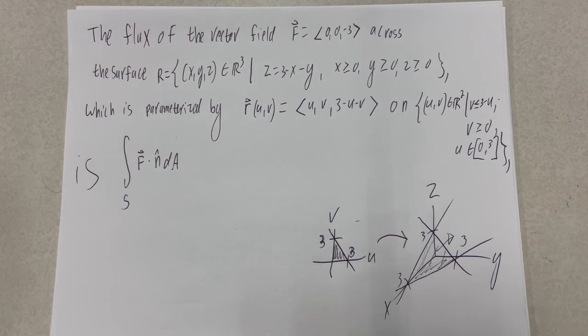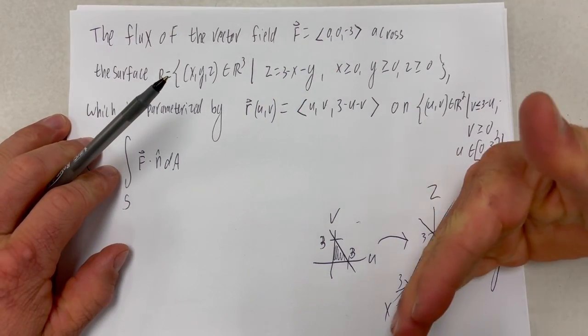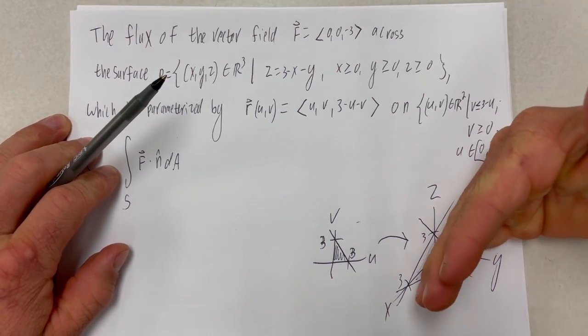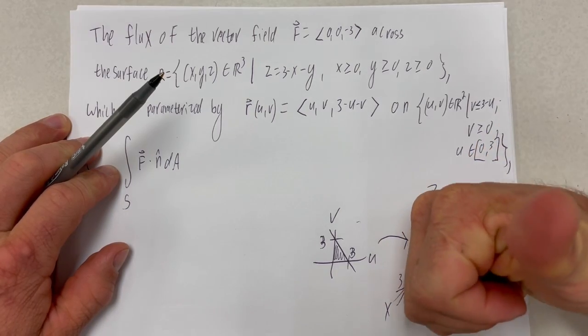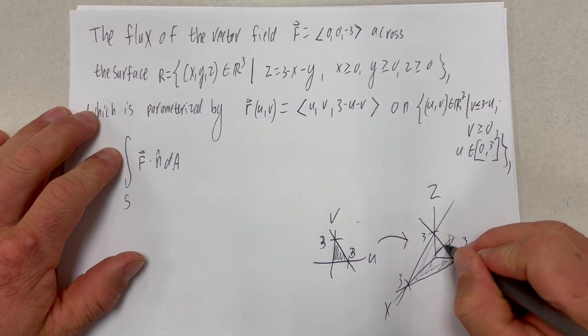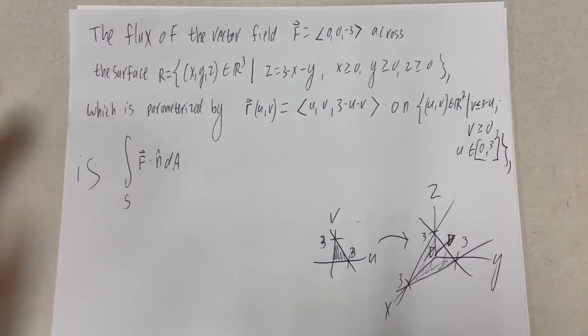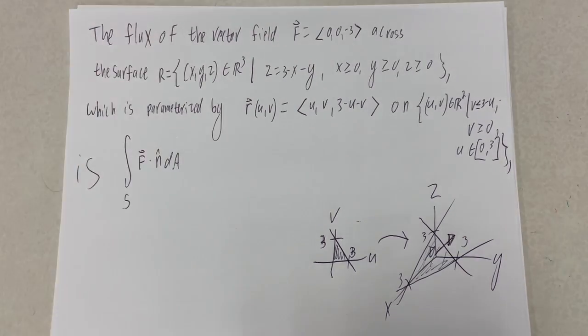Okay. Now I have u coming first and then v going second. If I point my fingers in the direction of u, that's the direction of x, and then curl them in the direction of v, then they point upward. So the normal vectors are indeed going to point upward off of this surface using that parameterization.